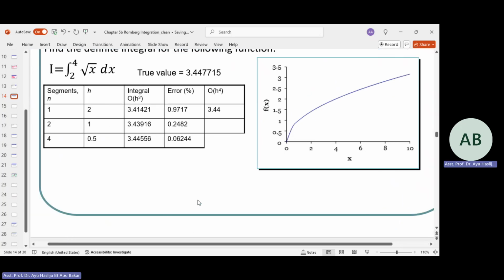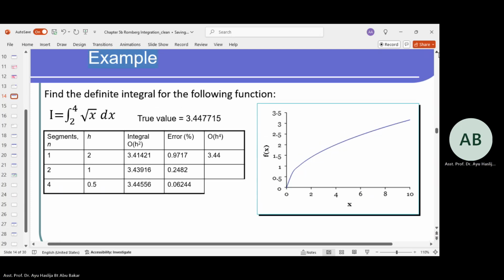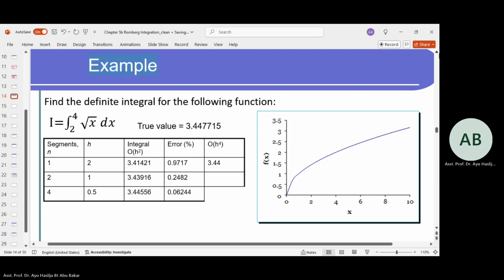Because this one used trapezoid rules only for the first part. Now, find the definite integral for the following function. This is your f(x). This is your a, this is your b. By right, this one is closed first.